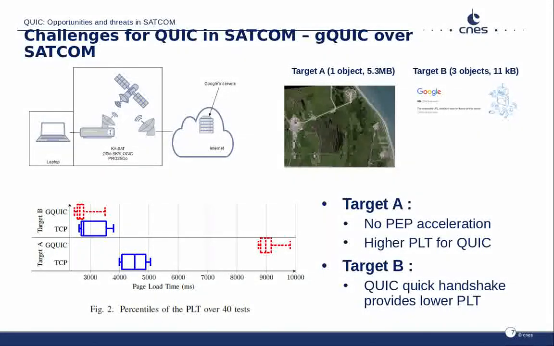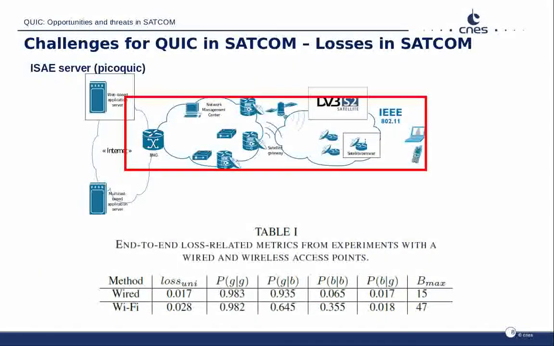What we can see if we start by looking at target A first is that with QUIC it takes up to 9 seconds to download the file, as opposed to less than 5 seconds with classical TCP and acceleration mechanisms. When we look at target B, because QUIC includes quick handshakes, we have a way lower page loading time. So we have a problem here with large files.